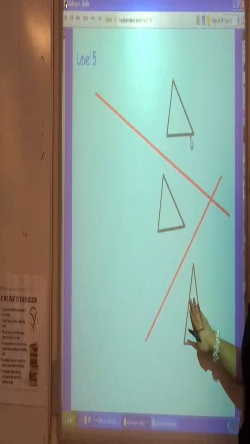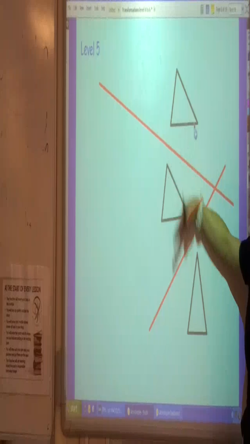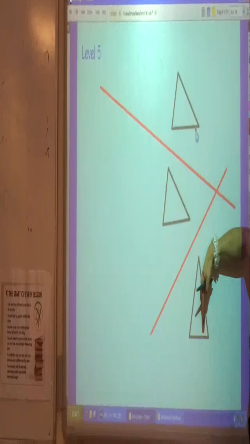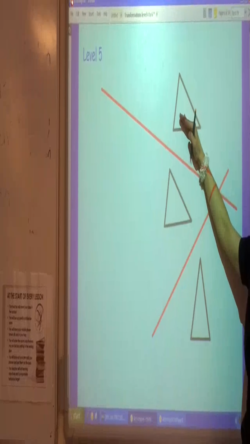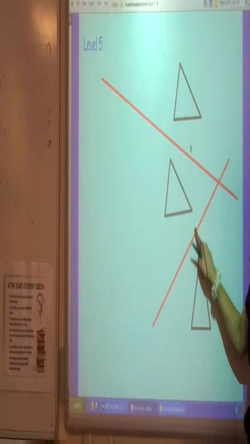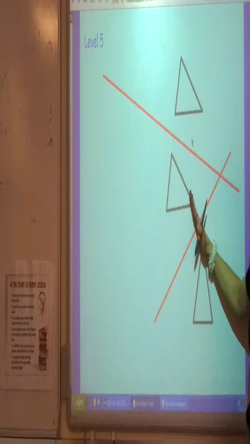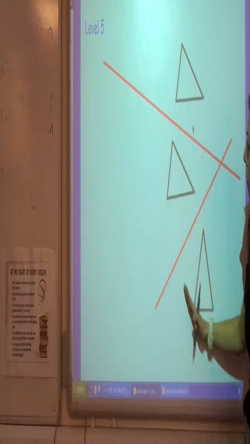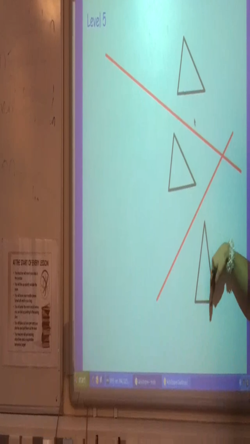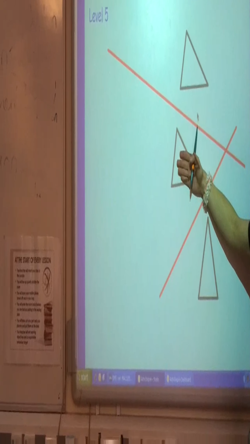So the original, the object, has been reflected twice in 2 mirror lines and has moved from here to here. So long as you make sure you're measuring your distances and making sure that your lines are perpendicular to each other, then you know that your image is going to be in the correct place.